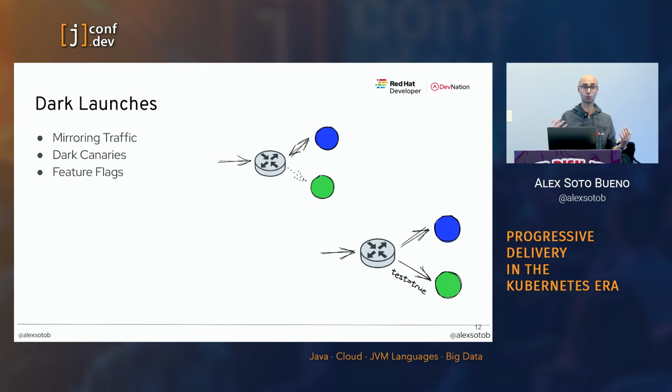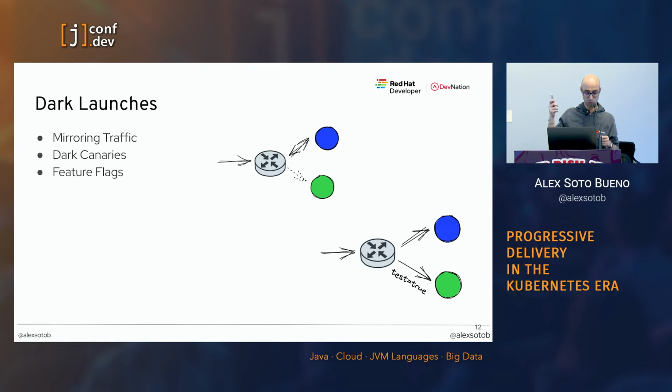So I'm not going to do a canary release or a blue-green deployment. I'm just going to stop the green one, fix the problems, and start again. So as you can see, all your users that are accessing your application are on the old one. They will never notice that you are using their traffic, their data, to test the new one.